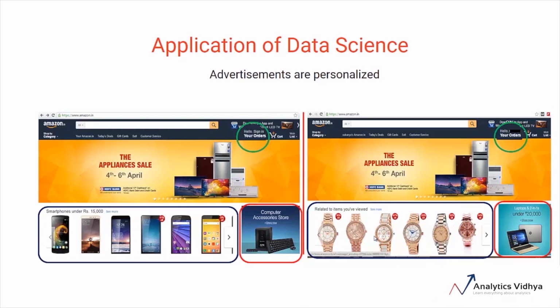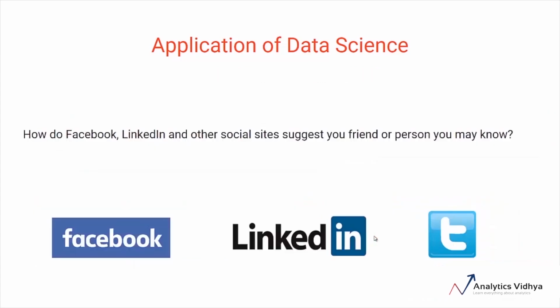Let us now look at a few more applications of data science in various domains. How do you think social networking sites like Facebook, LinkedIn, or Twitter suggest you whom to follow and who might be your friend? Well, they apply data science. Starting from simple rules like which place do you belong to, who are your friends and who are your friends of friends, what are your interest areas. All of these data points help social media companies recommend you who might be your friend and what would you want to follow.